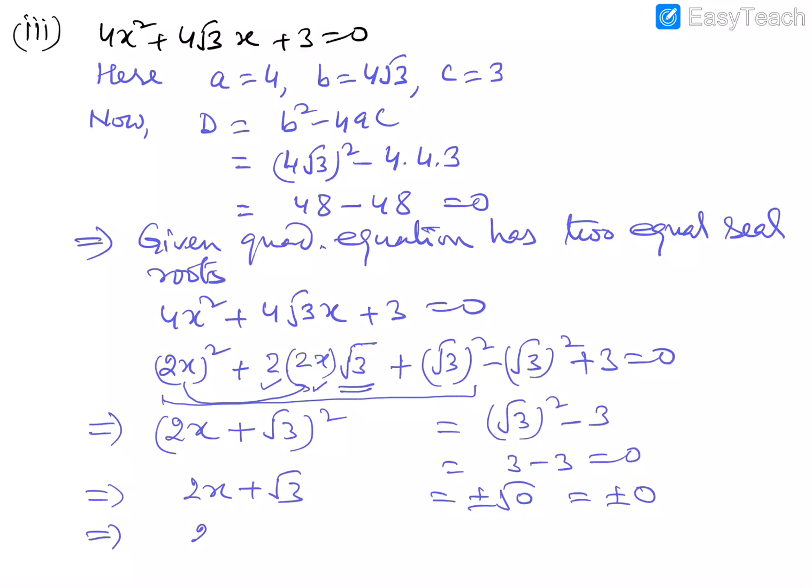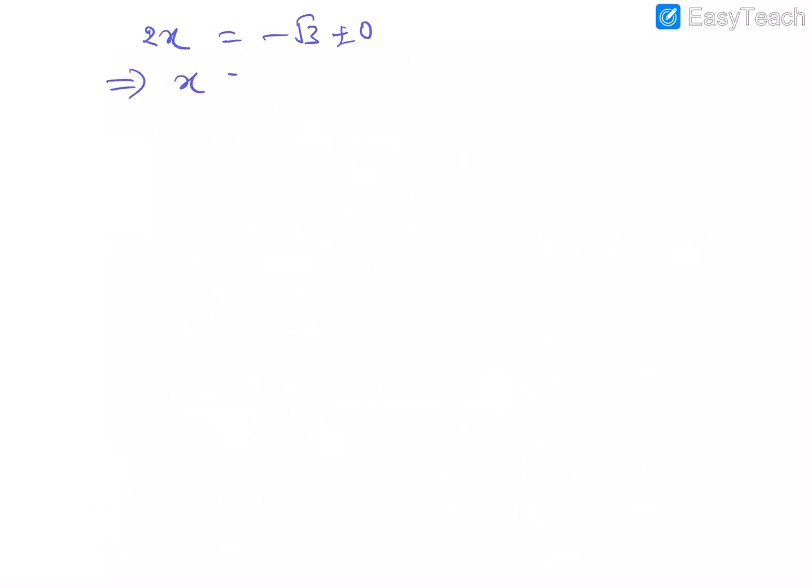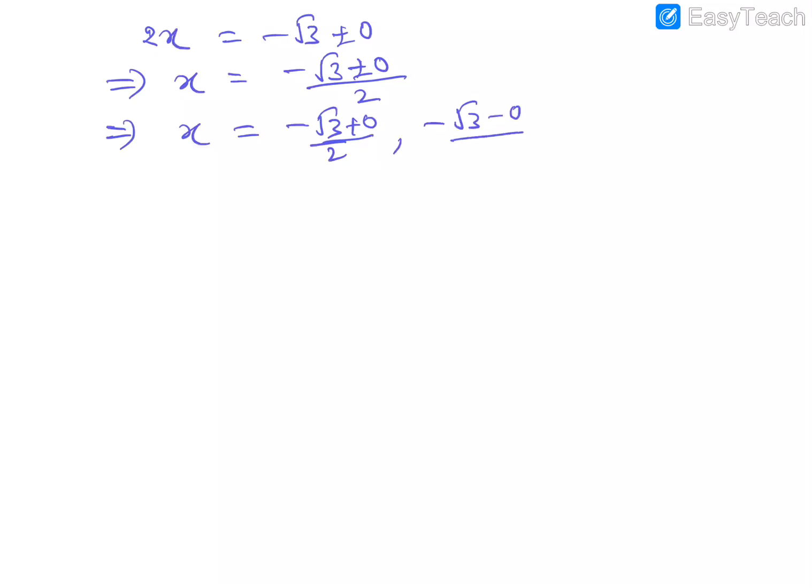So this gives 2x is equal to minus root 3 plus minus 0, which further gives x is equal to minus root 3 plus minus 0 by 2. Minus root 3 by 2 plus 0 and minus root 3 minus 0 by 2.